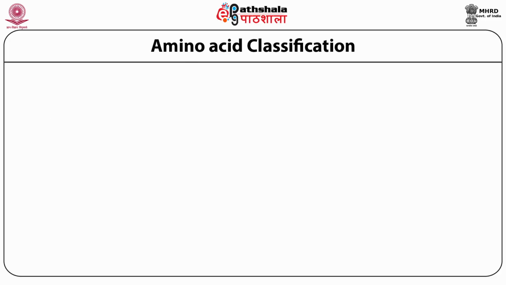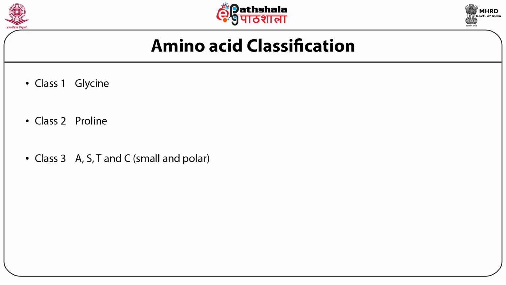There is another way to classify amino acids based on sizes. Class 1 is glycine, very small, no side chain. Class 2, proline, which is special because the chain turns back and connects to the backbone NH group. Class 3, A, alanine, S, serine, T, threonine, and C, cysteine, small and polar.